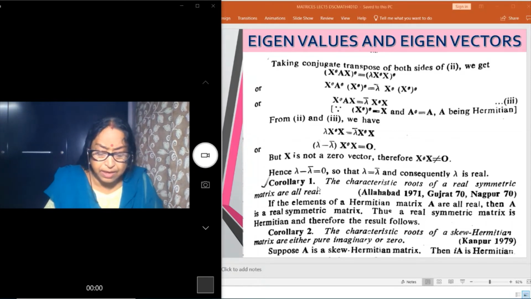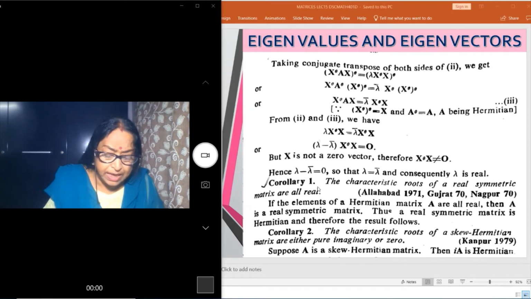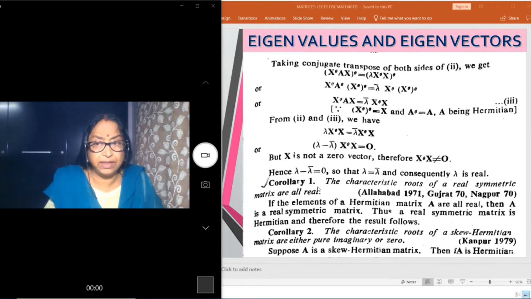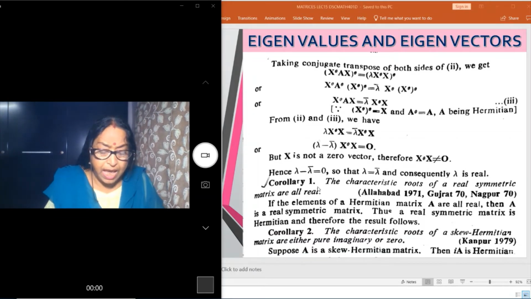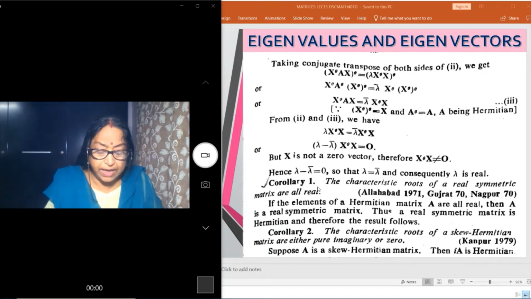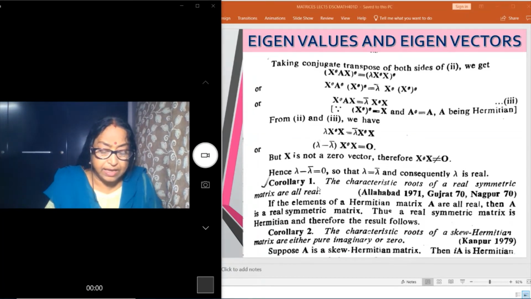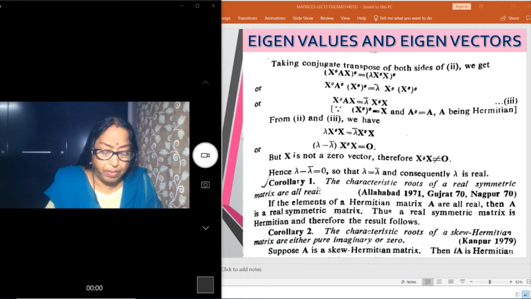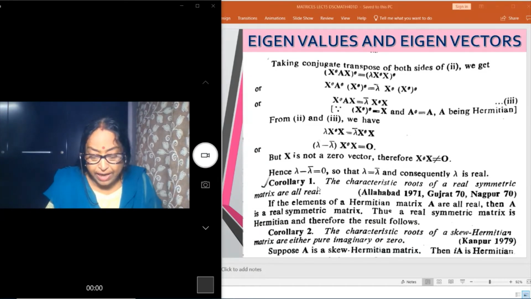So x theta A, because A is a Hermitian matrix, that's why A theta is equal to A, and we know x theta to the power theta is equal to x. So we can write x theta A x is equal to lambda bar x theta into x.